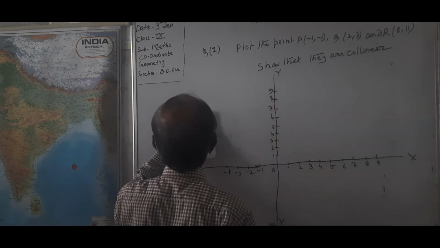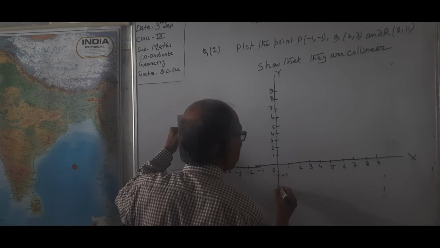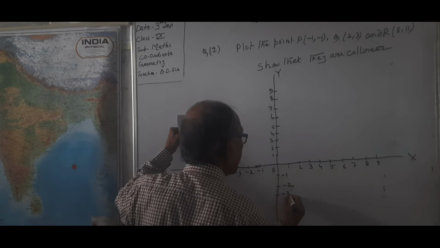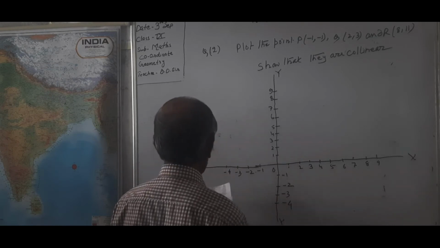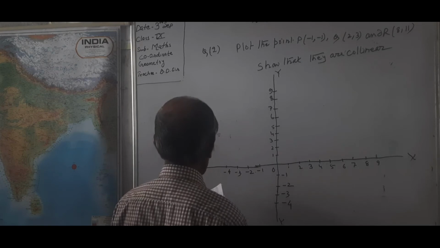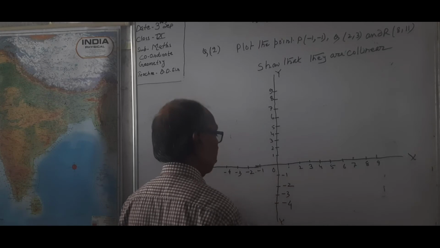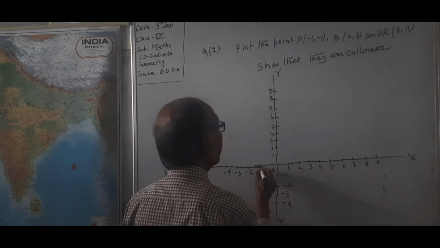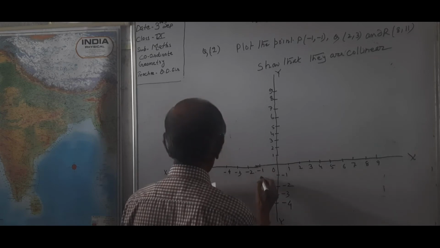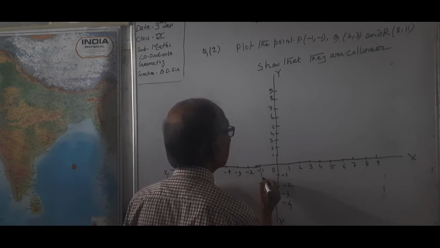On the lower side also -1, -2, -3, -4 and so on. Now the point is -1, -1. The x coordinate is -1, and the y coordinate is also -1 on the lower side. These two lines cut here.